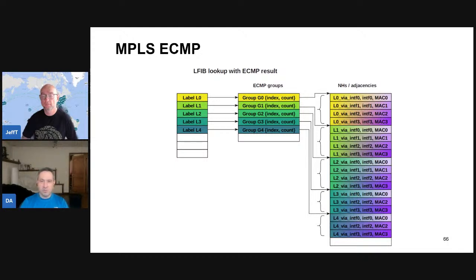And then we need to multiply that by the number of next hops in each group, which is, for example, on spine 1 switches, where ECMP is the biggest problem in our case.